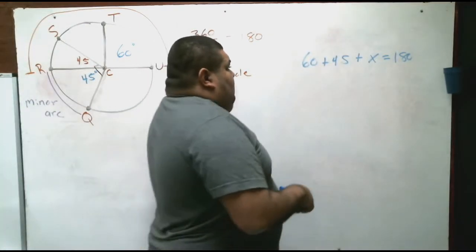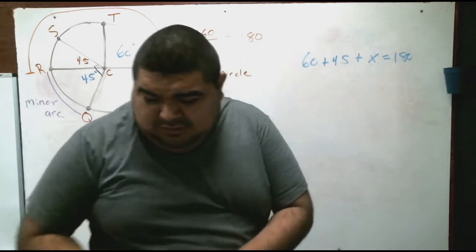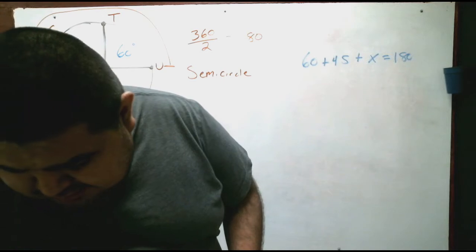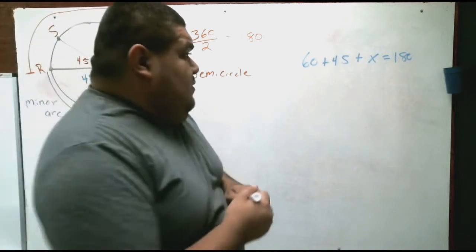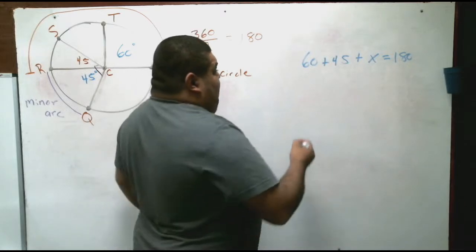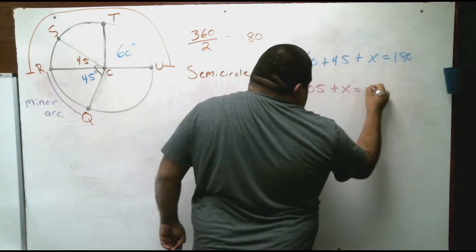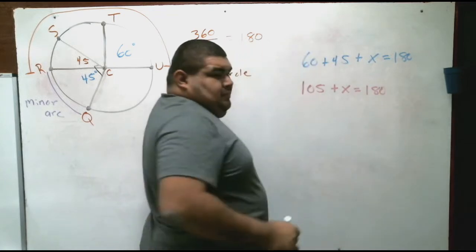Okay? We can combine terms. Let's use another color here so we can see it a little better. We can say 60 plus 45 is 105 plus x equals 180.